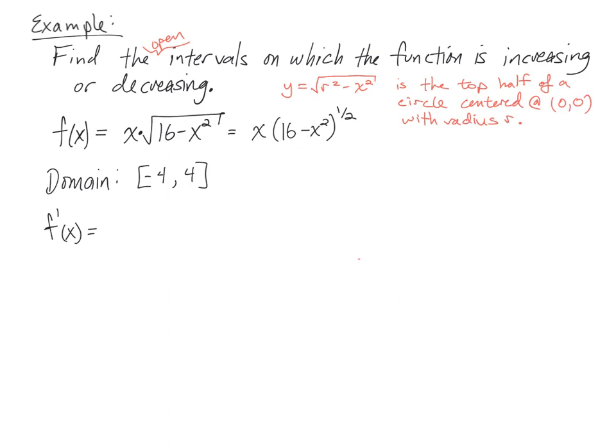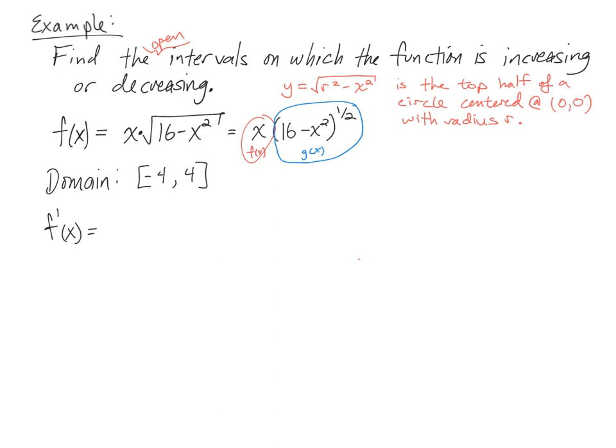So you can see here that this is going to require using a chain rule. Here I have my first function, because I have a product rule. This is my f of x. Here I have a second function. This is my g of x for my product rule.